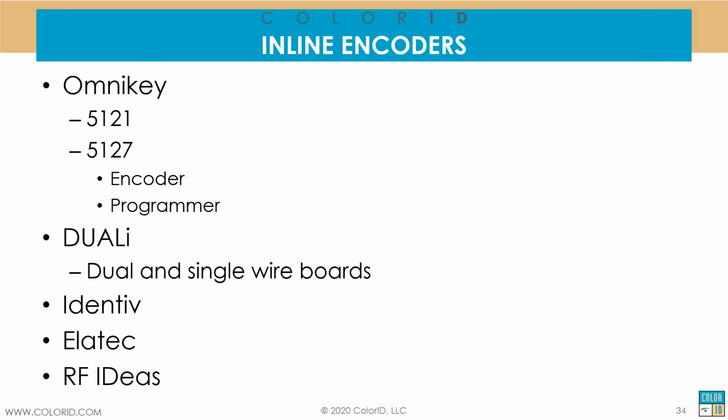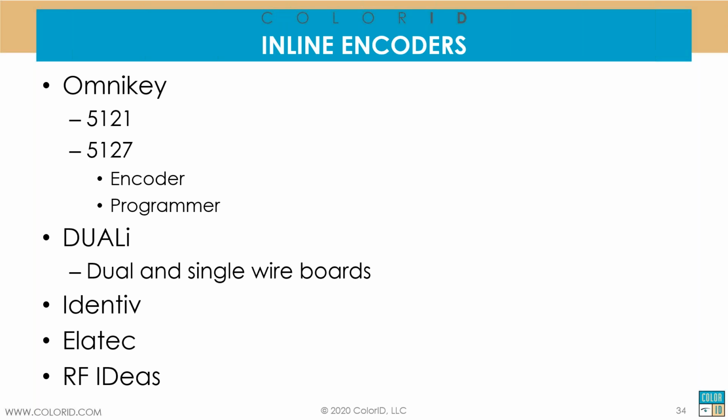Or Fargo Connect can also work through those. So again, if you're looking at an OmniKey encoder in your printer, make sure you get the right one, and study the tables, talk to the people who've been through this and figure it out.